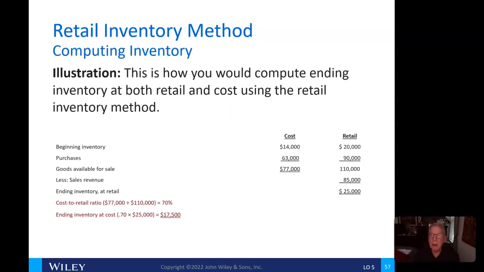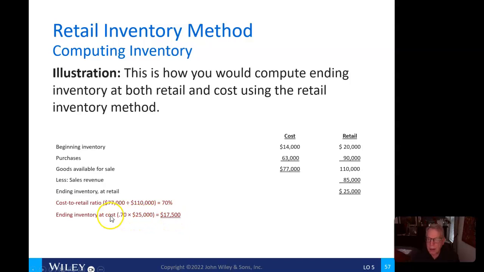Okay, so here is our cost, $14,000. We added purchases of $63,000, available for sale, $77,000. The retail price associated with those was $110,000. So our ending inventory at retail was $25,000.